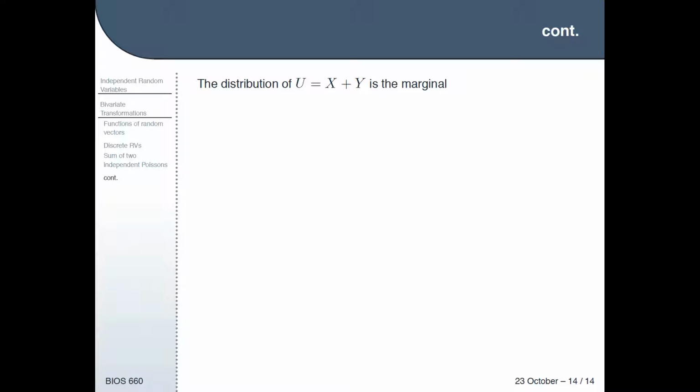So the distribution of u equals x plus y is just the marginal distribution for u. You'll recall we can extract the marginal distribution from the joint distribution by just summing over all possible values of the second variable.